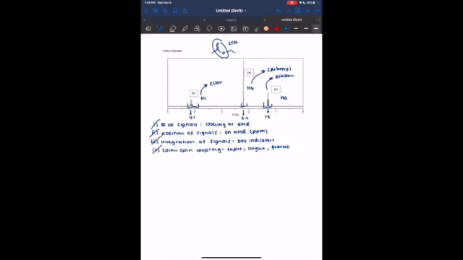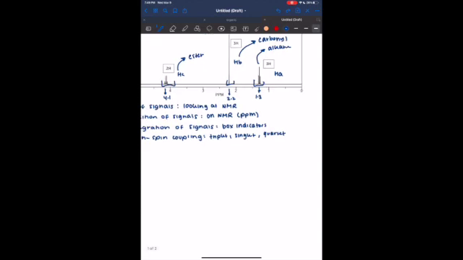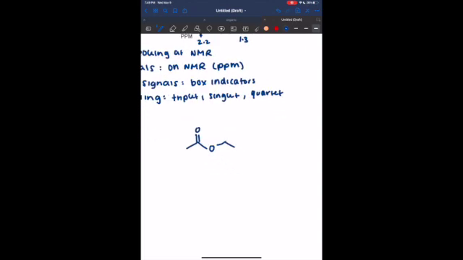Next, we're looking at the integration of signals. So the 3H, 3H, and 2H, that's the number of hydrogens that share that unique signal. If we draw out this molecule and expand a little bit, there are 3 hydrogens on this carbon, 2 hydrogens on this carbon, and another 3 hydrogens on this carbon.